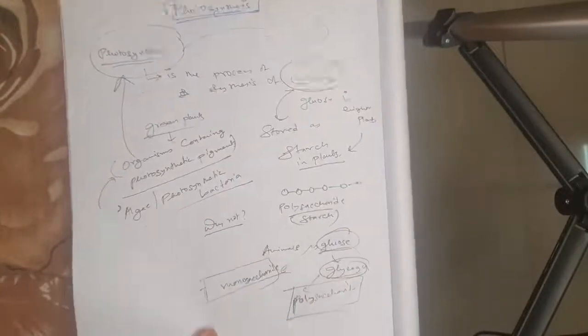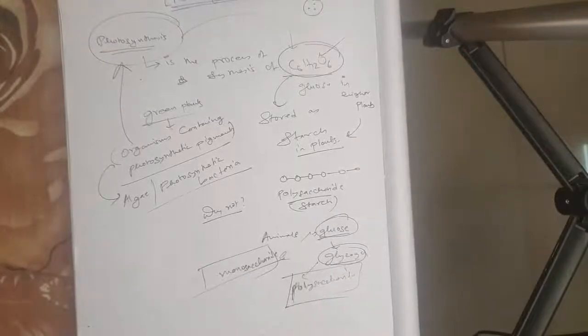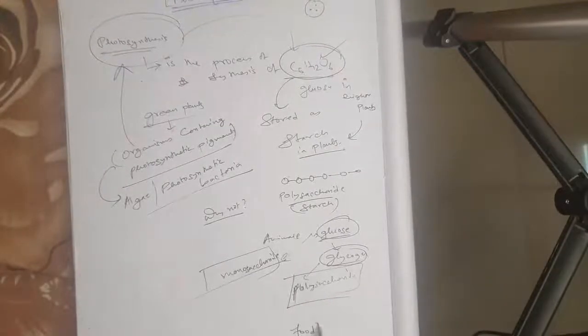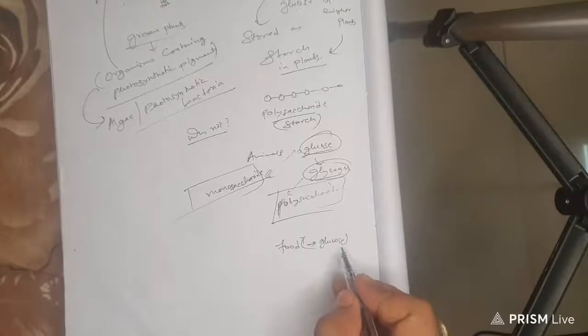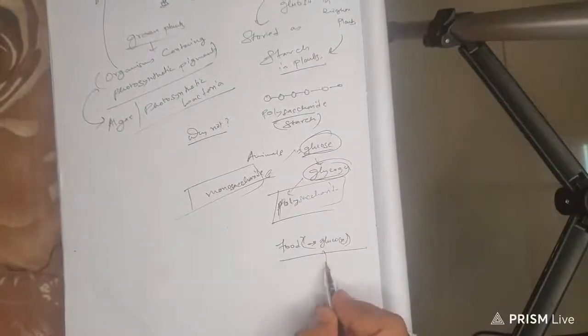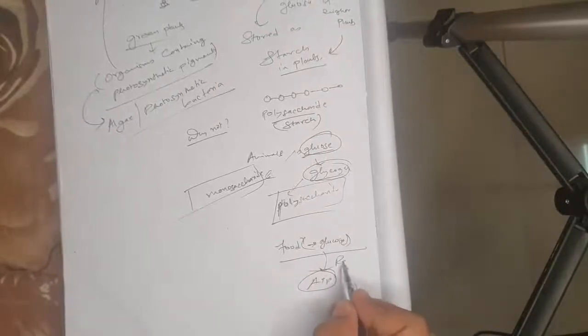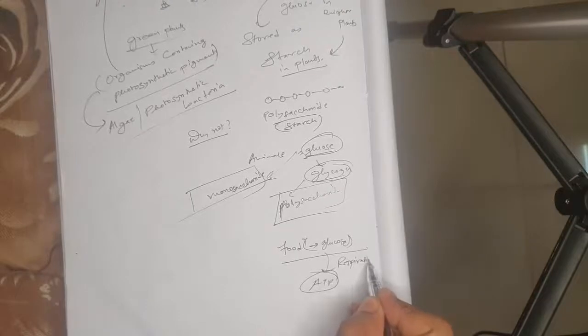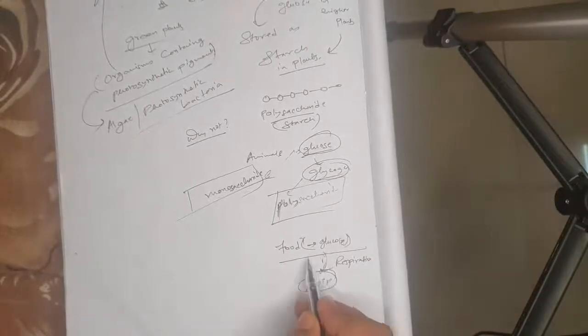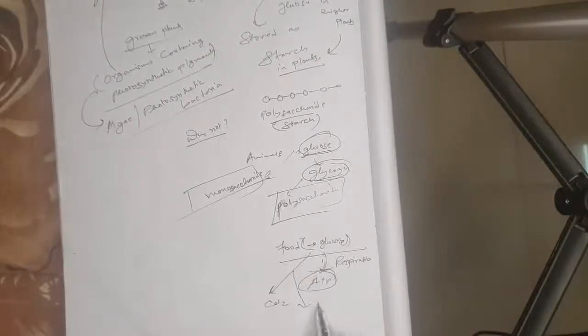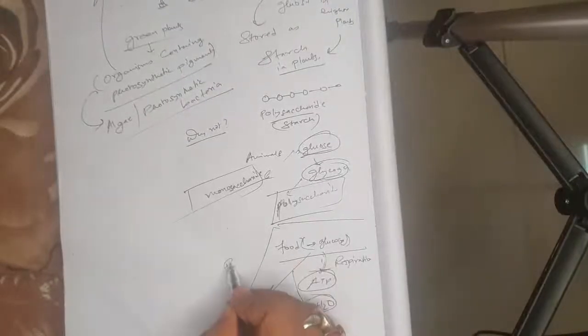However, why do we take food? We take any food and convert it into glucose, and that glucose is broken down to give ATP, which is known as respiration. ATP is produced, and CO2 and H2O are also released in a normal respiratory process.